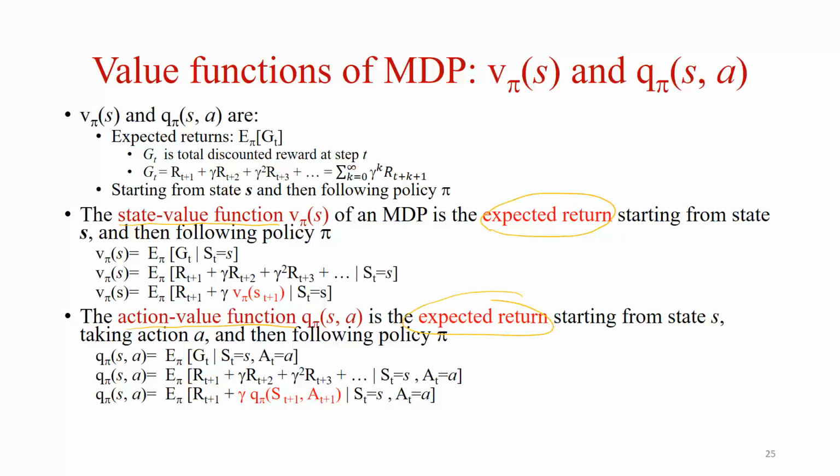The expected return starting from a state and then following a policy. So both the state value function and the action value function tell me the expected return of a state or an action when I follow a policy.